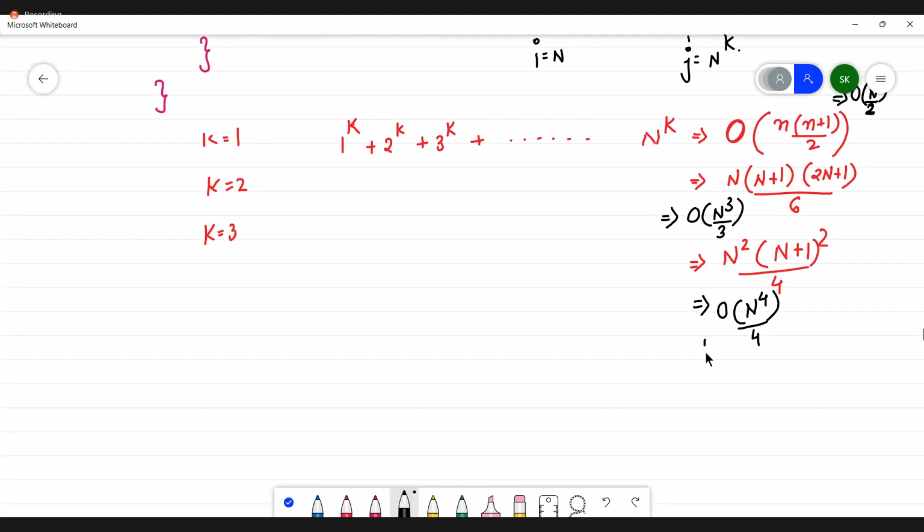If it will continue for k times, for 1 you got n square, for 2 you got n cube, for 3 you got n to the power 4. So for k times you are going to get order of n to the power k plus 1 divided by k plus 1. Clear?